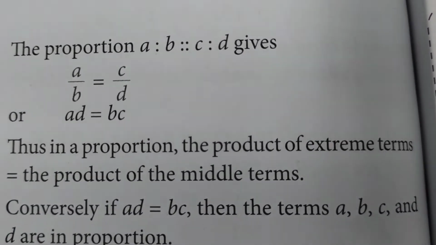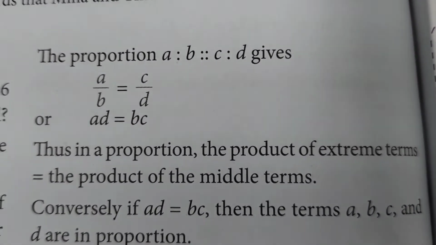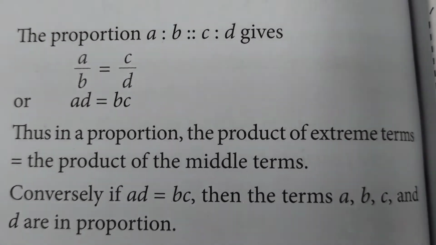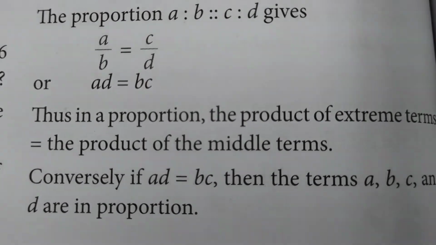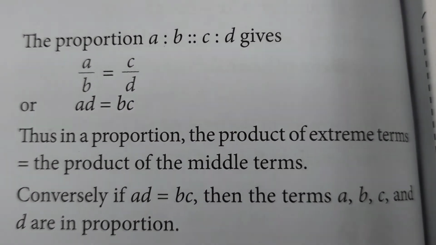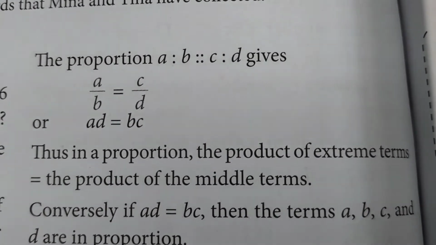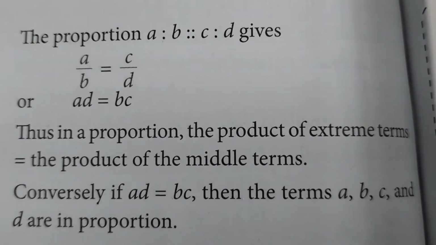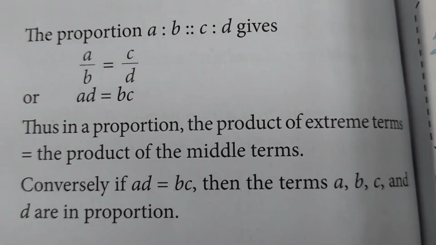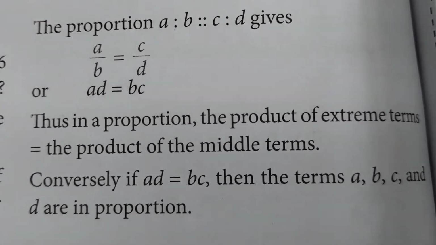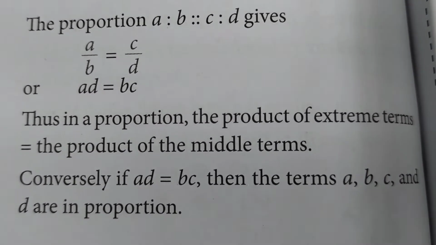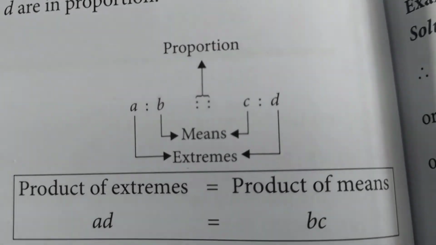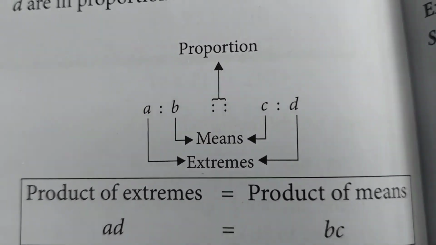The proportion A:B as C:D gives A/B equals C/D, or by cross multiplication, A into D equals B into C. The product of extremes is equal to the product of middle terms. Conversely, if AD equals BC, then the terms A, B, C, D are in proportion.